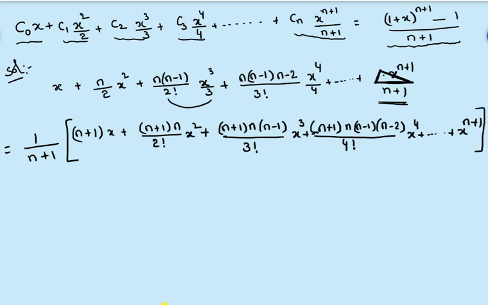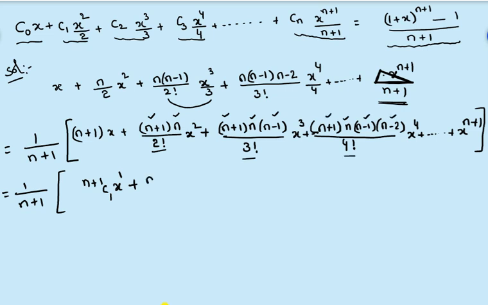Now observe here, this is equal to 1 by n plus 1 into this particular one. We can write it as n plus 1 C1 into x power 1, because as I told, 2 terms multiplication by 2 factorial, 3 terms multiplication by 3 factorial, 4 terms multiplication divided by 4 factorial.